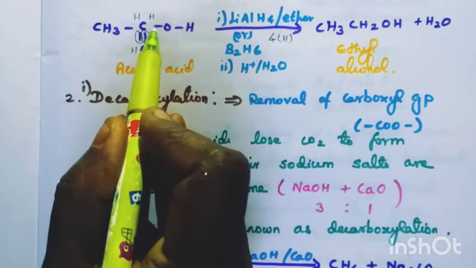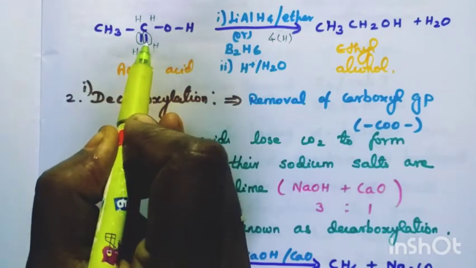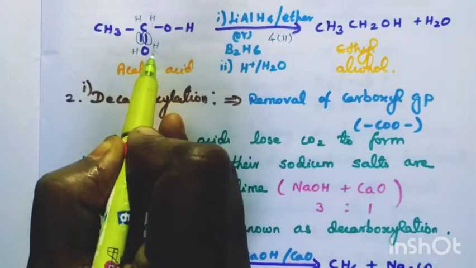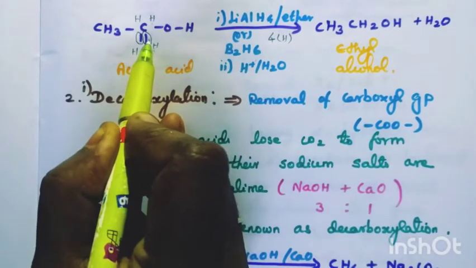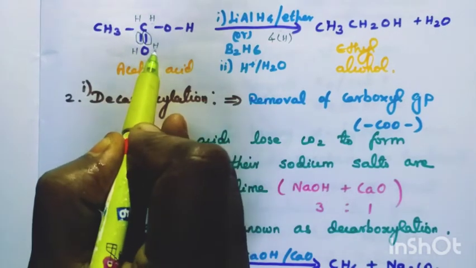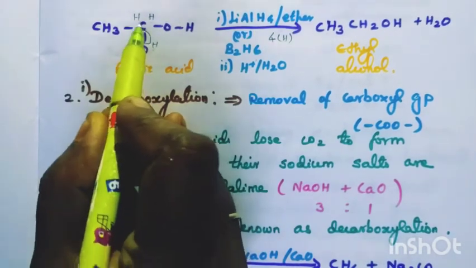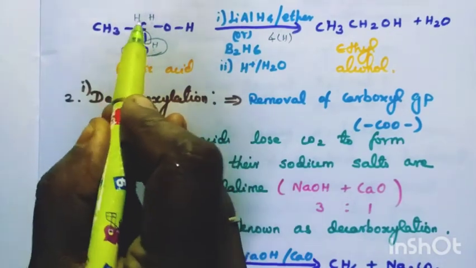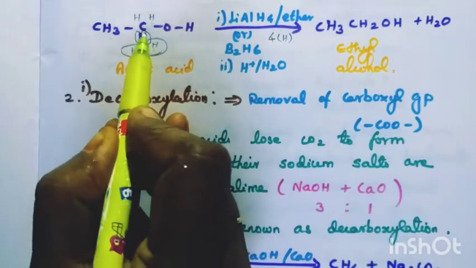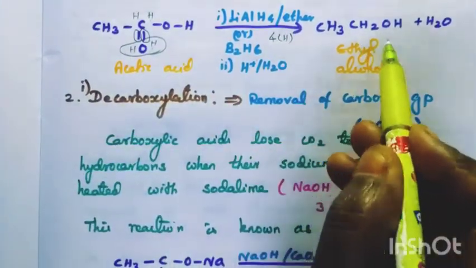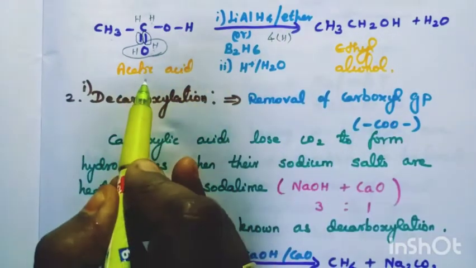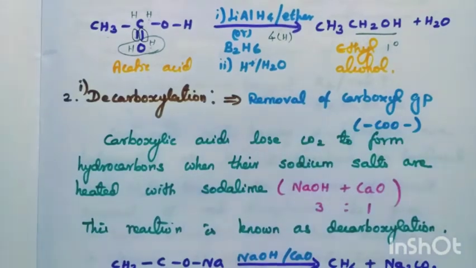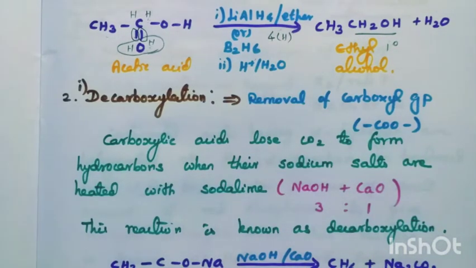Now we remove the single bond, so we add 2 hydrogens to the adjacent atom. What happens? H2O goes out, and we get CH3CH2OH, that is ethyl alcohol. So acetic acid, commonly acid, on reduction gives primary alcohol.